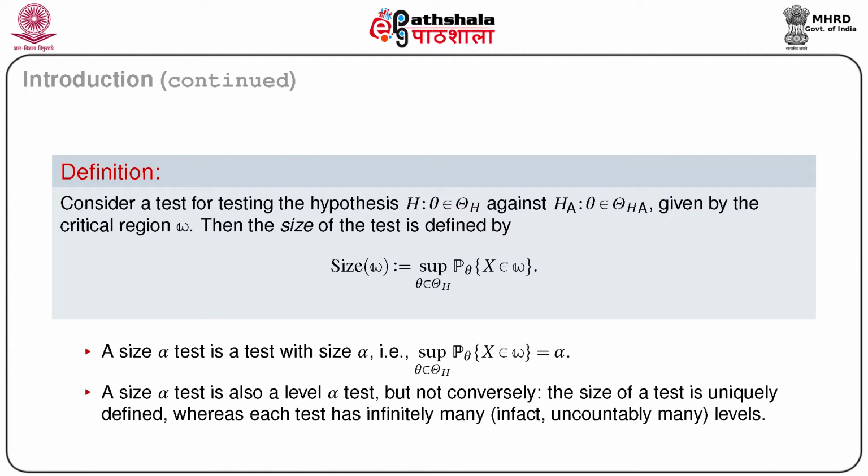A test with critical region omega is called a size alpha test, where alpha belonging to the interval 0-1 if the supremum over theta belongs to script theta H, probability x belongs to omega, that is the probability of type 1 error, is equal to alpha. Note that a size alpha test is also a level alpha test.